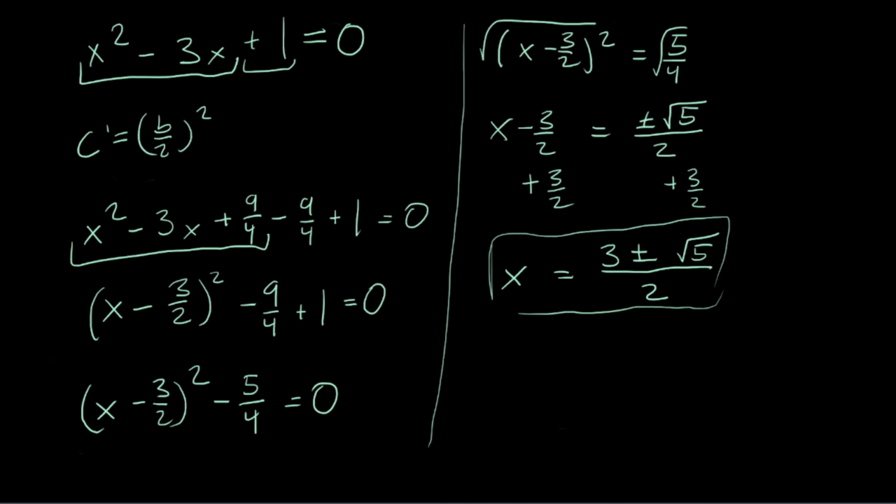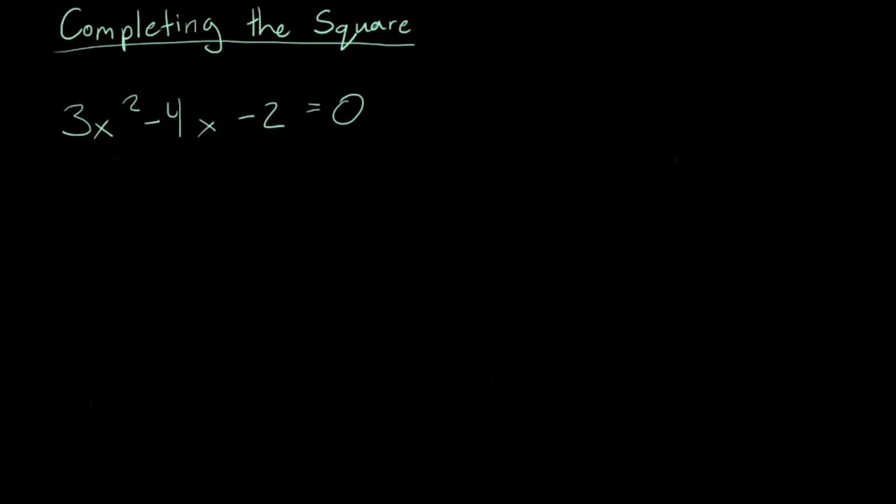Now, for the next example, let's try it in the case where we can't use negative. So in this case where we have a coefficient of x squared that isn't equal to 1, let's try to solve it. So I'm going to make the coefficient equal to 1, so I'll divide the entire equation by 3.